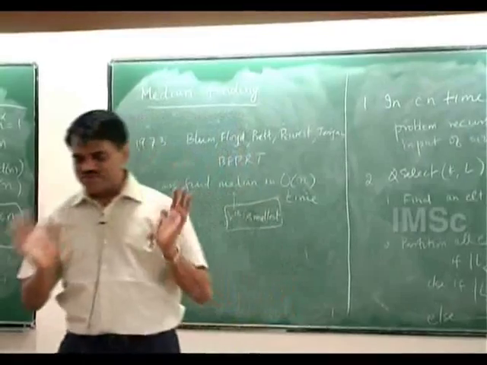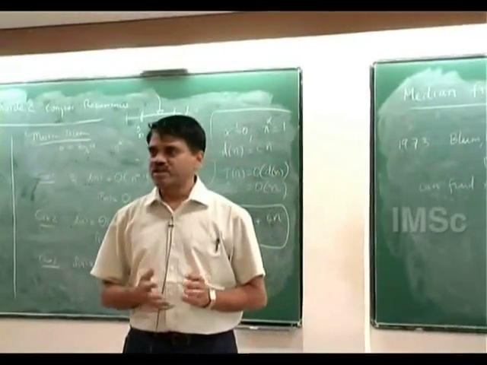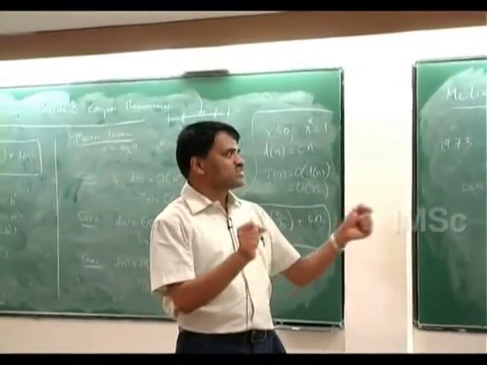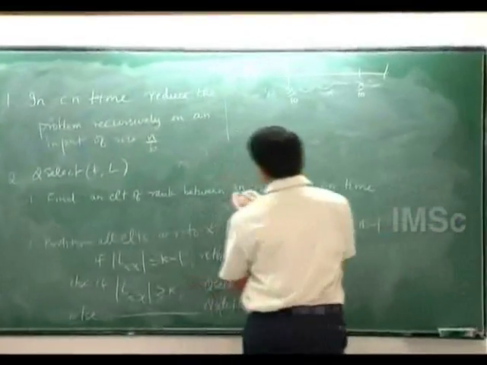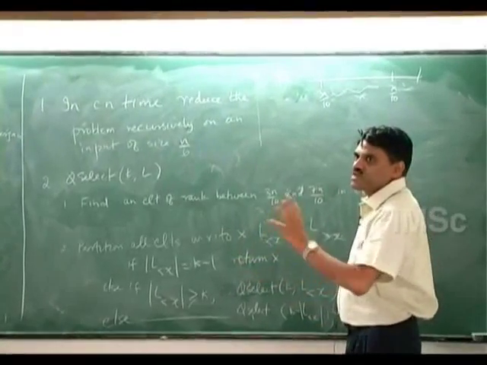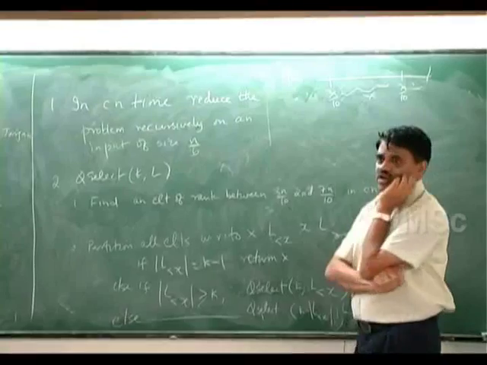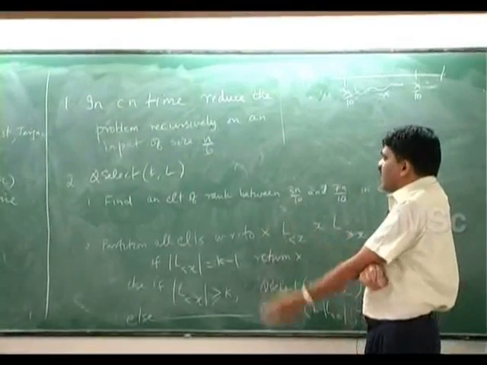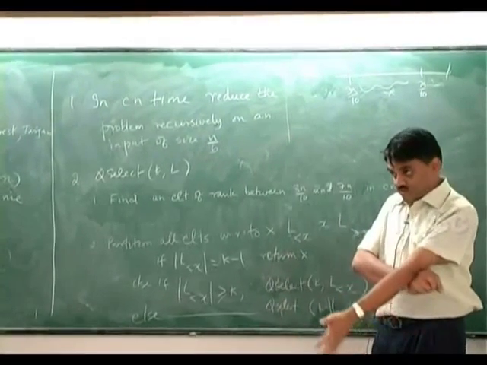The reason they felt it's possible is, this random pivot thing works, so maybe I can find in linear time an element whose rank is not necessarily 3n by 10 and 7n by 10, but some fraction, some n by b and another n by c or something like that. And they did not succeed in finding such a thing in linear time, because it amounts to again finding another kth smallest element, and that's the problem we started off with.